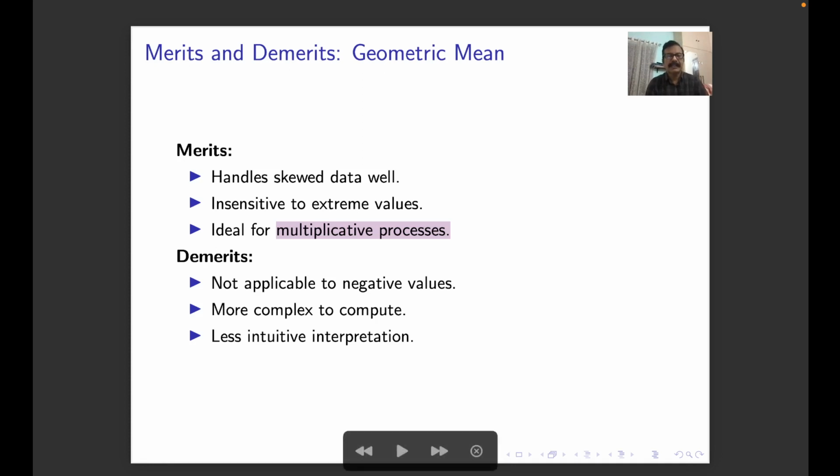Regarding demerits, it is not applicable to negative values. Once there is a negative value, it is not possible to define the geometric mean. And it is more complex to compute. Nowadays there are computers, so it is not much complex, but in the usual way it is not easy to compute. Another demerit is its less intuitive interpretation.